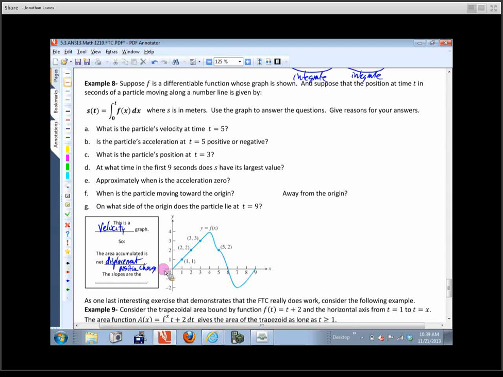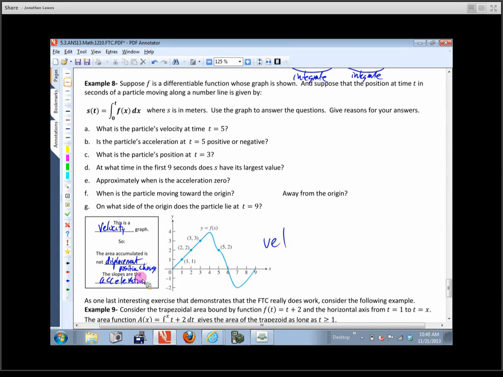If this right here is a velocity graph, then the slopes are acceleration. So the cool thing about having velocity is you can work with both branches of calculus. If you have the velocity function or the velocity graph, you can differentiate and you can get acceleration. You can anti-differentiate or you can integrate and get position.